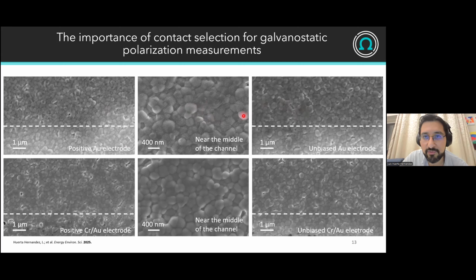So these particles occur after you bias these materials. And in contrast, when you have this chromium gold combination, you see that actually the electrode kind of degrades a bit. You see also these particles here, but overall you don't see the same density of these white particles, and also near the middle of the channel you can see this effect.